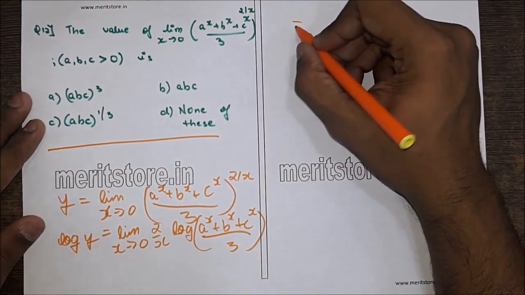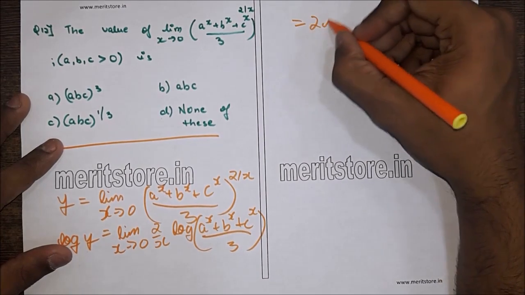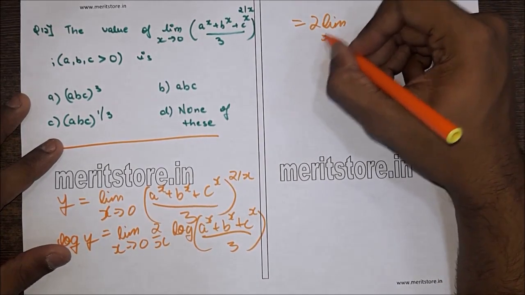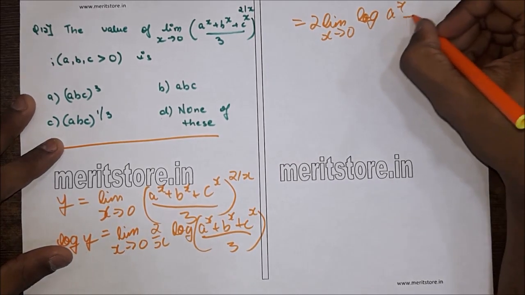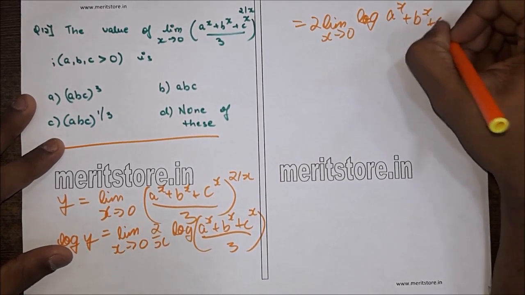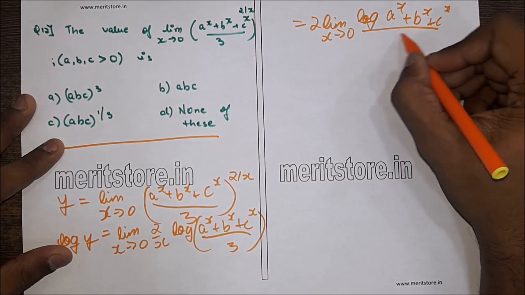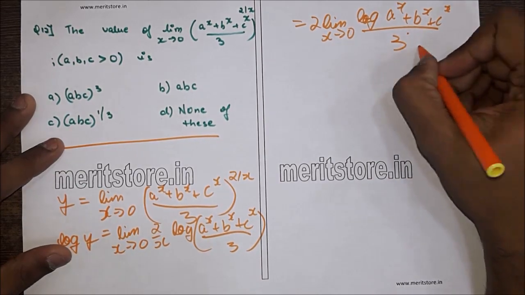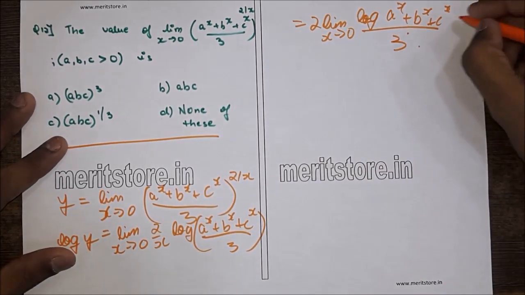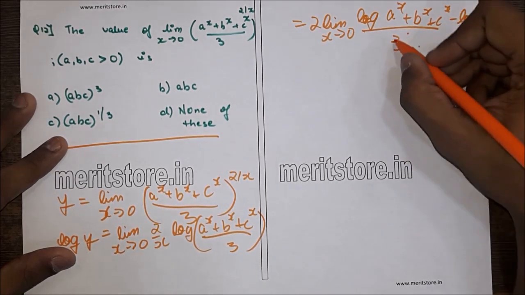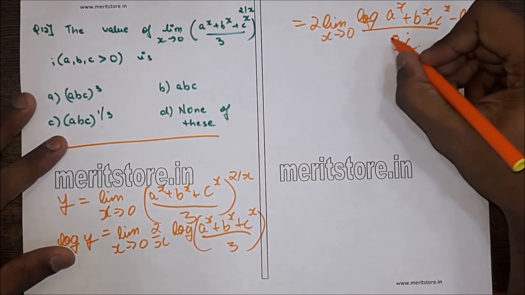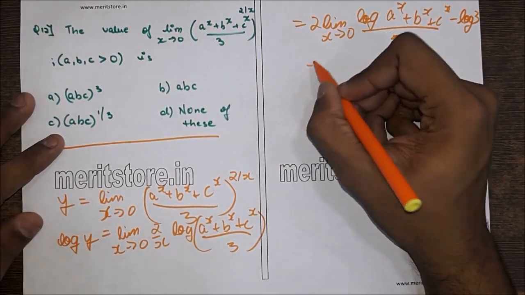Now we could write this as 2 limit of x tends to 0 log of a raised to x plus b raised to x plus c raised to x, minus log 3, when this goes on top and leaves us with x in the denominator.